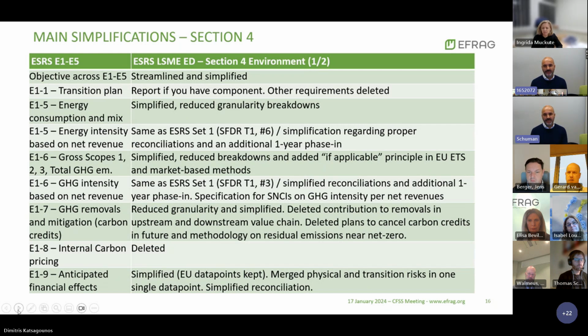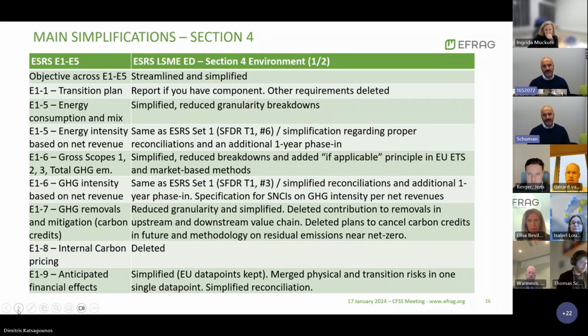We simplified the reconciliation, and we added also an additional 1-year phase-in. And we added also a specification for small non-complex institutions on GHG intensity per net revenue. On GHG removals and mitigation, we reduced the granularity and we simplified the content.